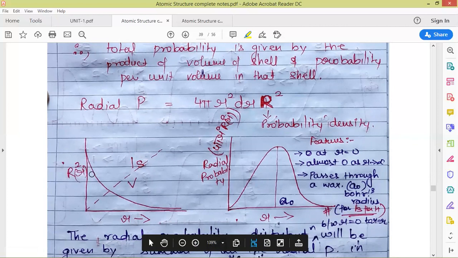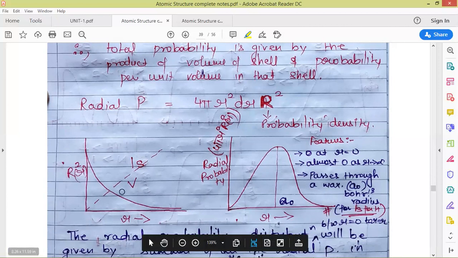There were two problems when we plotted capital R, the radial part of the wave function, against r: for the s orbital the probability was found to be maximum at r equal to 0. When volume is 0, that problem has been solved by the multiplication of the volume term. So here this is the overall curve for the radial probability versus r, where at r equal to 0, the radial probability is 0.